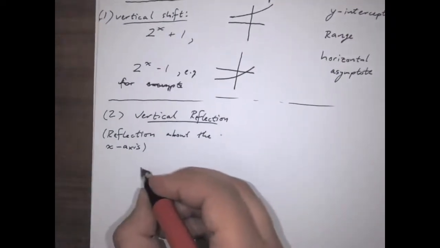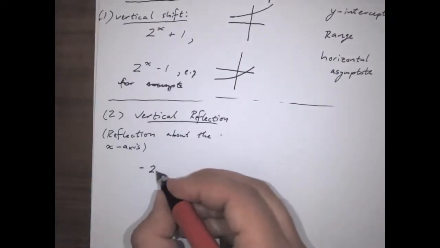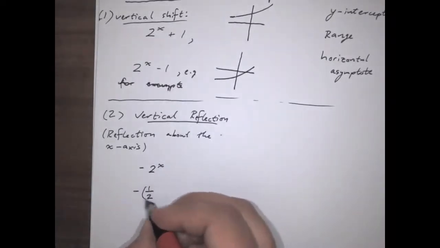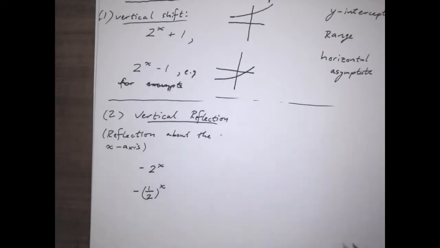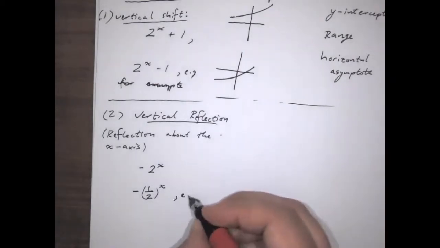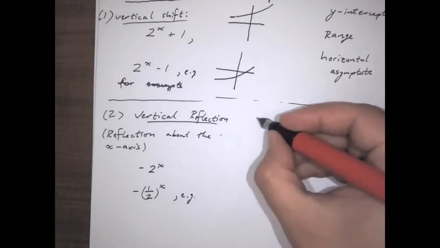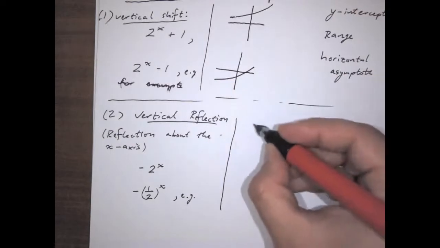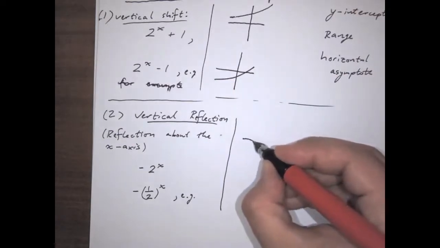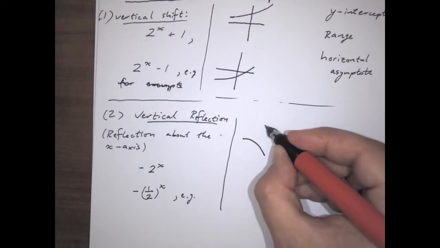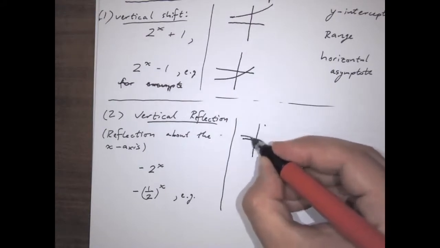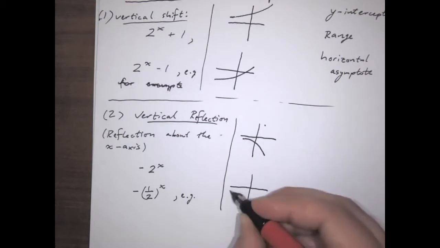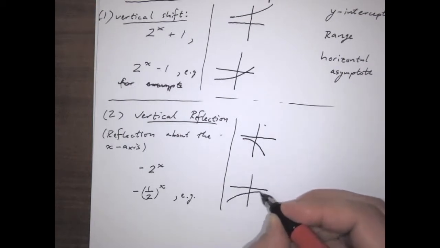So then that would be doing something like negative 2 to the x, or negative 1/2 to the x, things like that. And then from the graphical side of things, that's going to produce graphs that are exponentially growing, but in a negative way, or exponentially decaying, but in a negative way.